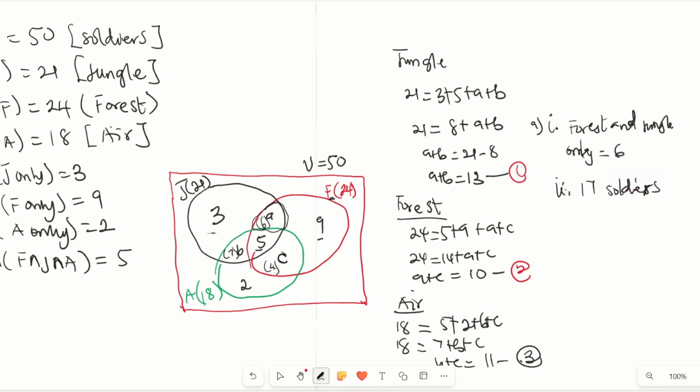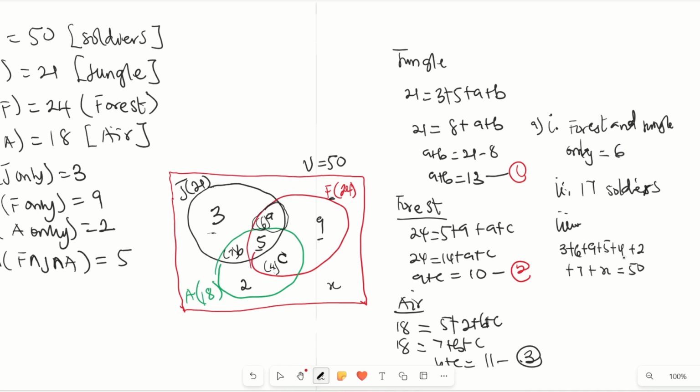And then we are asked to find none of the 3 kinds of training. In this case, we want to find a variable, which we can call x. To do that, we add all the values: 3 plus 6 plus 9 plus 5 plus 4 plus 2 plus 7, so that we have covered all, plus x equals 50. 3 plus 6 plus 9 gives us 18, and that gives us 23.